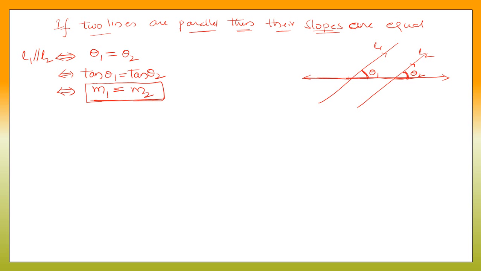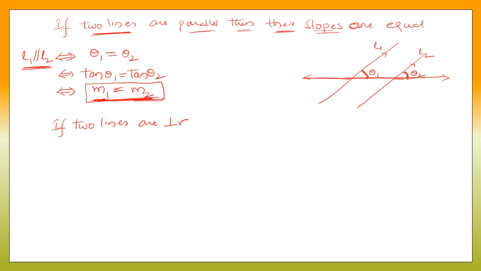So from this I can conclude that if two lines are parallel, then their slopes are equal. If L1 is parallel to L2, then the slope of the first line is equal to the slope of the second line.